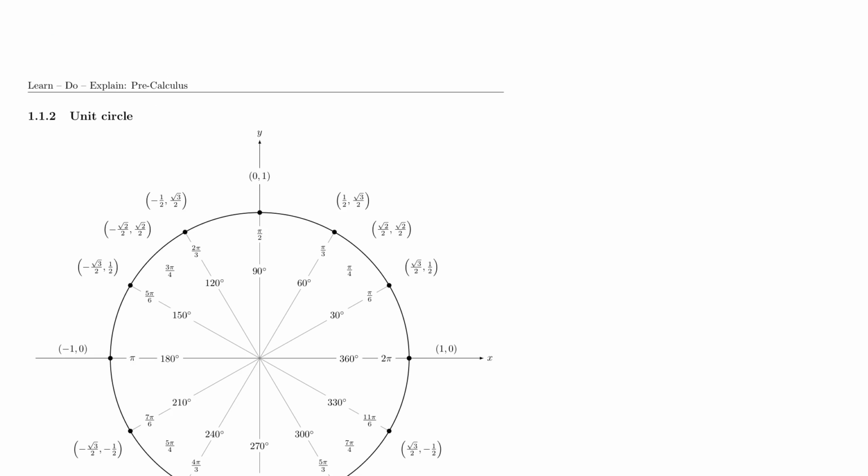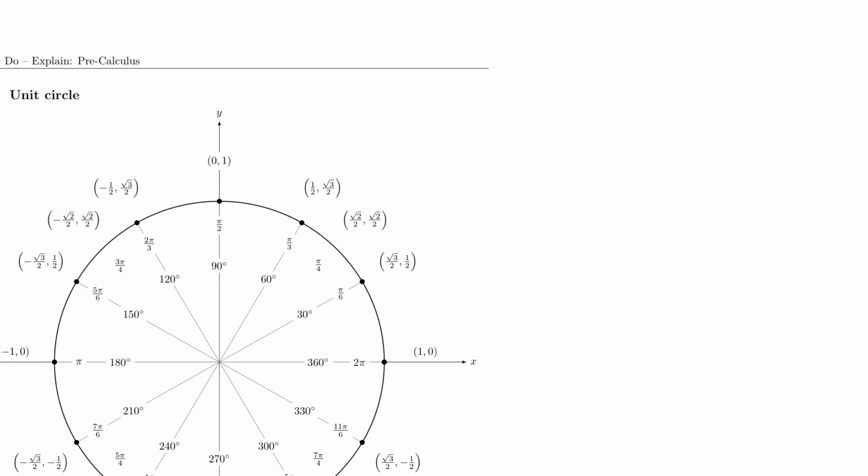First thing to know is that in the unit circle, the y-coordinate is the sine, the x-coordinate is cosine, and y over x is tangent. You may ask, why is that?